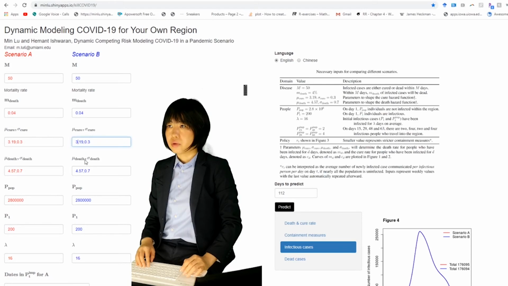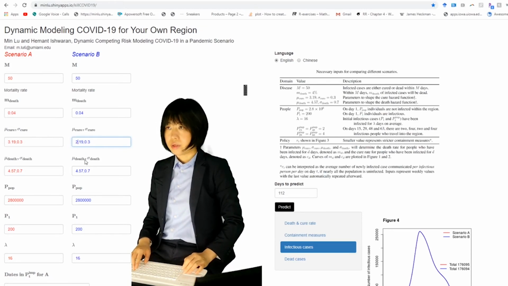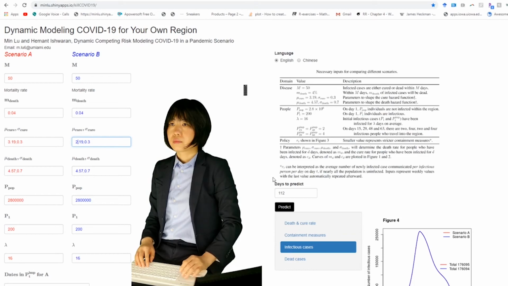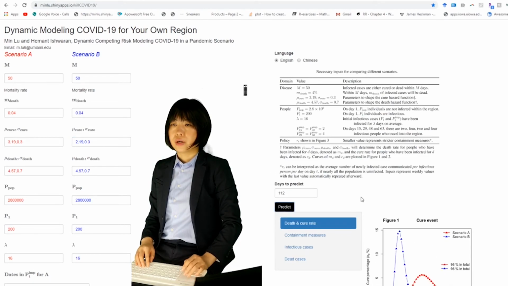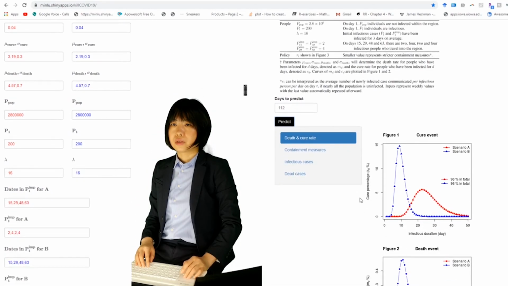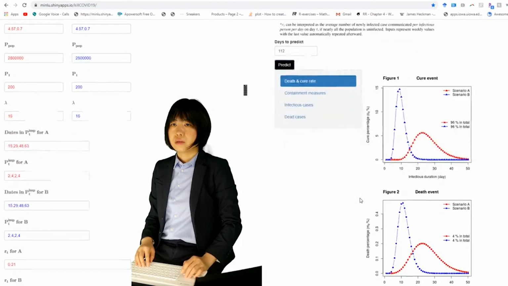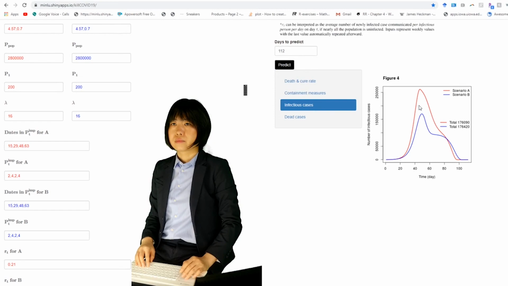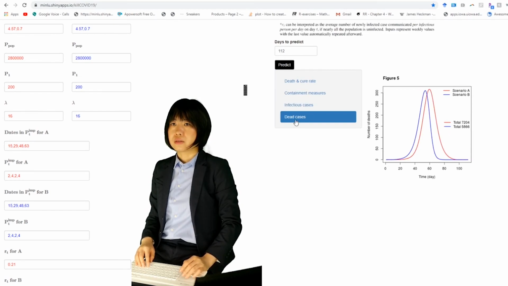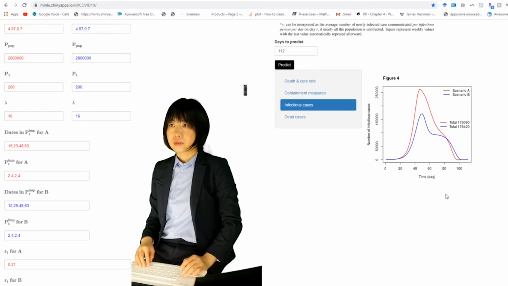For example, in scenario B, we let infectious individuals get cured and dead earlier. Even though they have the same mortality rate, we can say that in scenario B, we have fewer infectious cases. This is all my introduction for this website.